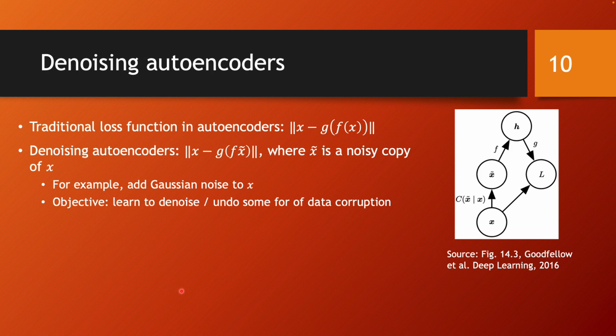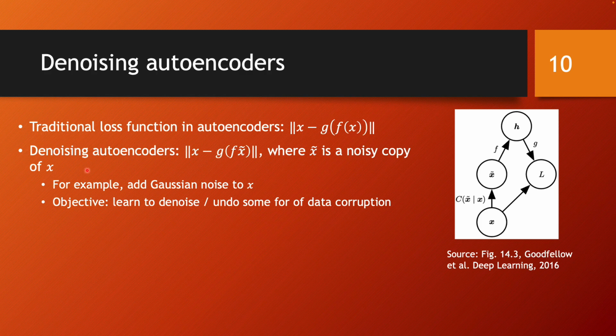Here is another form of an autoencoder, and that is denoising autoencoders. And so if you think about the traditional loss function in autoencoders, the idea that you would want the autoencoder to be able to reproduce as much as possible the input, so you would have in terms of the loss function the difference or the norm between the input vector and the output of the neural network.